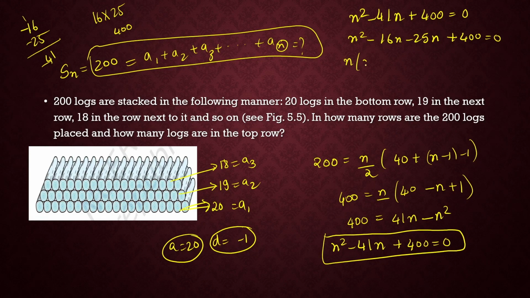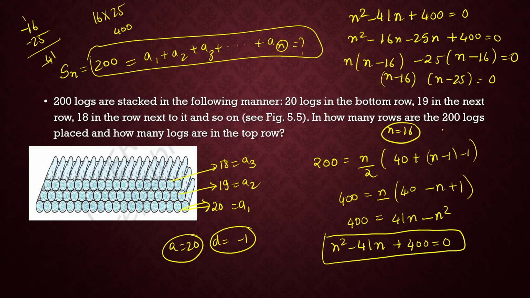So n common, n minus 16, minus 25 common, n minus 16 is equal to 0. So n minus 16 into n minus 25 is equal to 0. This shows us that the value of n can be 16 or the value of n can be 25.